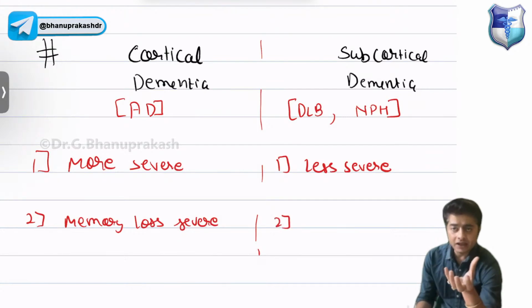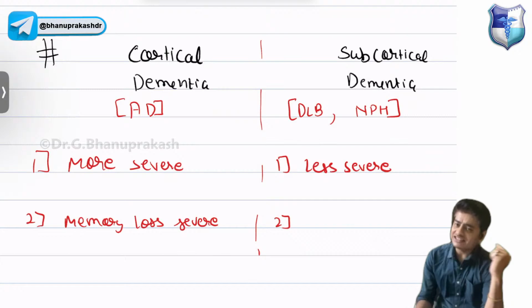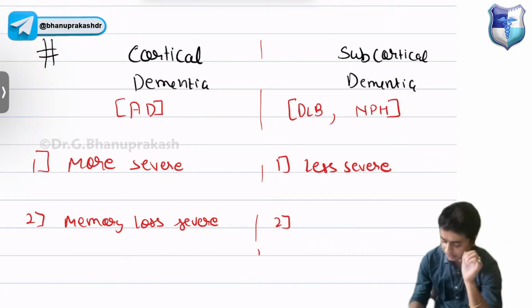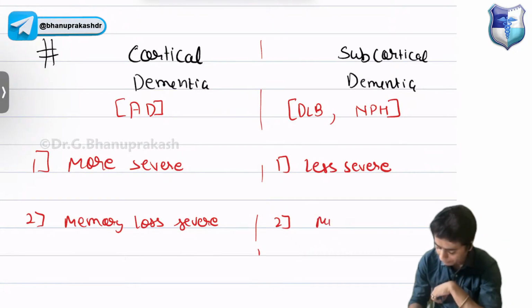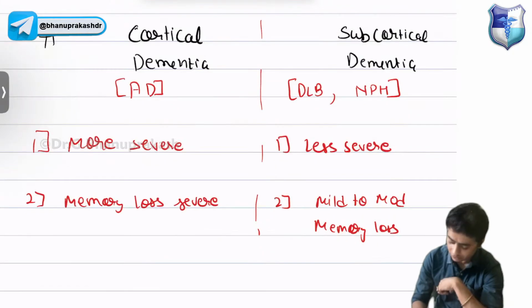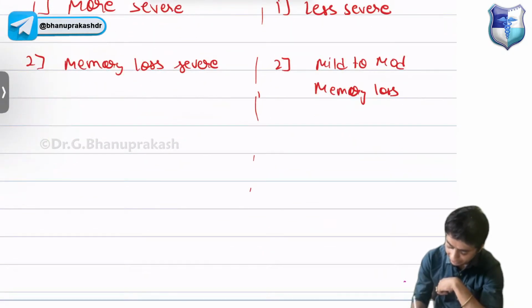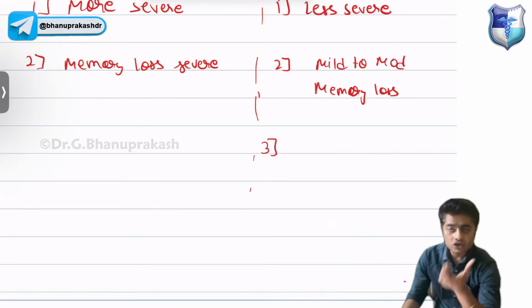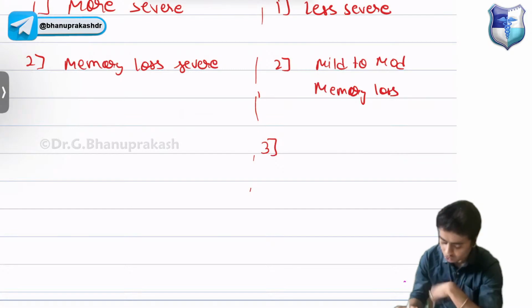Here, there will be a little implicit memory loss, and as it is connected with the prefrontal cortex also, there will be mild to moderate memory loss.